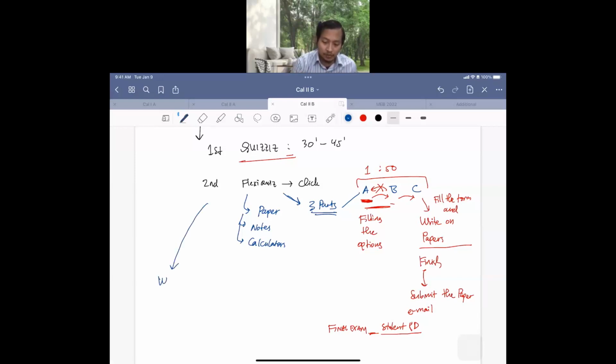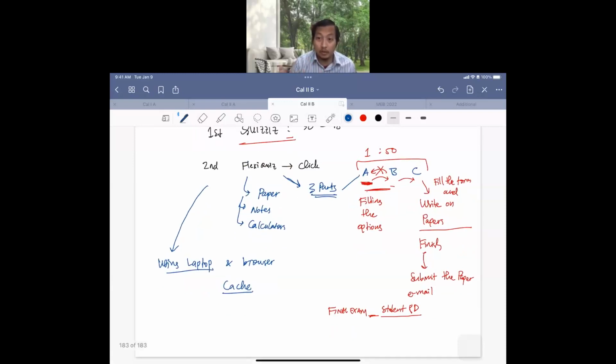Please use a laptop for the Flexi Quiz, for stability, using the laptop and the browser. I hope you don't have any trouble with your browser, especially if you have a lot of cache files or history. You need to clean up to make sure the browser is clean and operates normally.